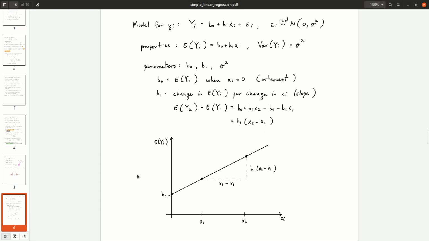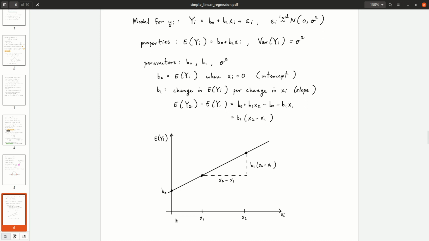And in a picture, it looks like this. On the horizontal axis here, we have xi. The vertical axis is the expected value of yi. And then I'm just putting on this axis two values of x, x1 and x2. If we were to plug in x equals 0, we would get b0. That's this point here.